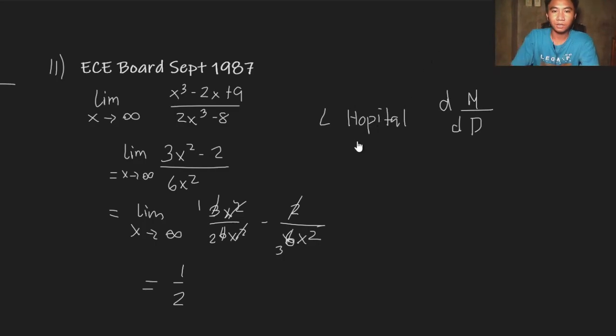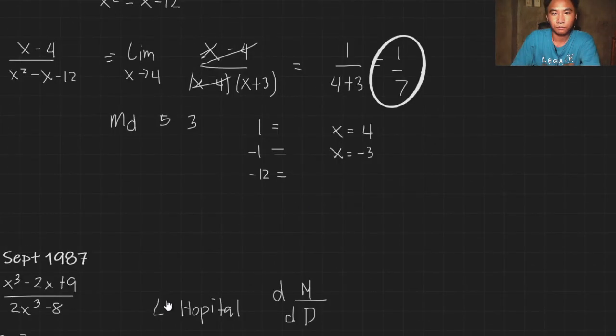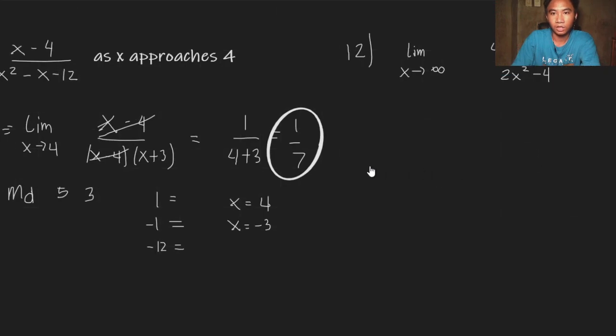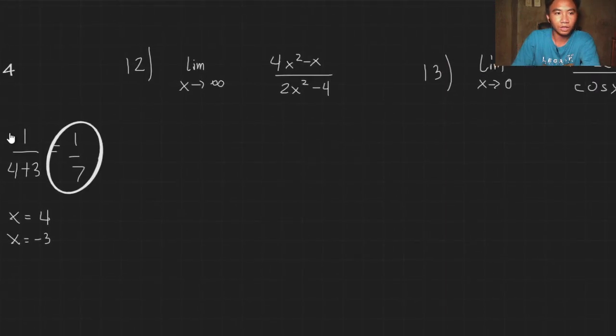Next example. Ito. Another, approaches to infinity na naman. So, derivative nung nasa taas, and then, derivative nung nasa baba. So, the limit, as x approaches to infinity, ano bang derivative ni 4x squared is 2 times 4 lang, 8x.